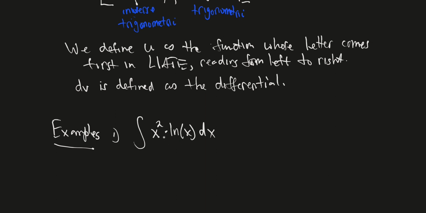Well, if we look at LIATE, I see a logarithmic function and I see a polynomial, which is an A type, right? Because a polynomial falls in the algebraic category. And then I definitely see the L type. So these are the two types of functions, and they're being multiplied.